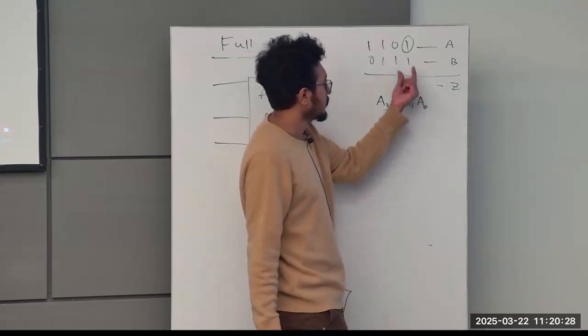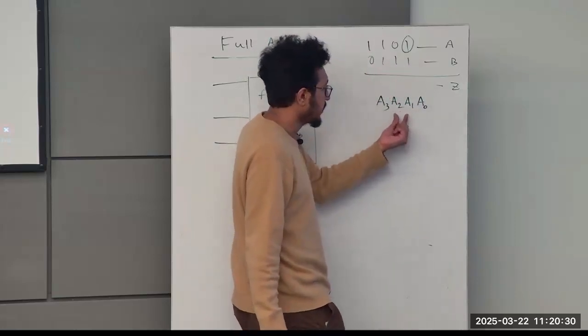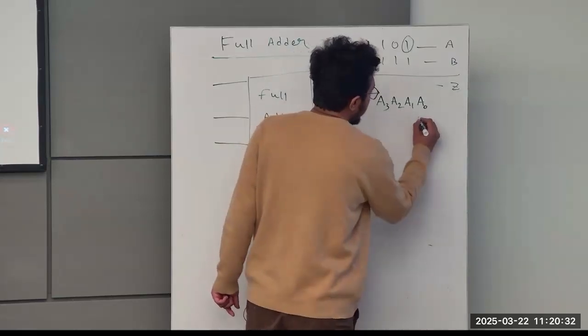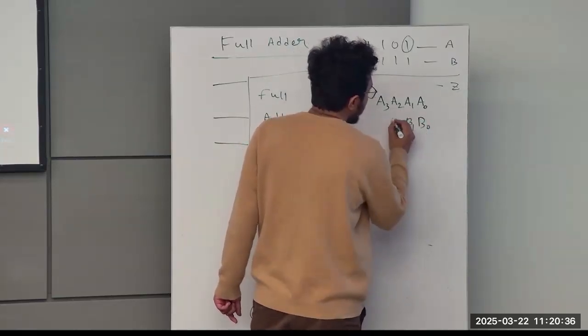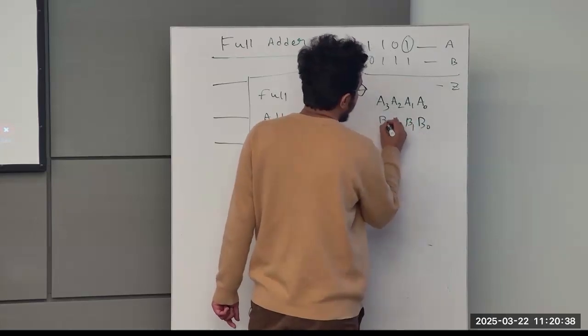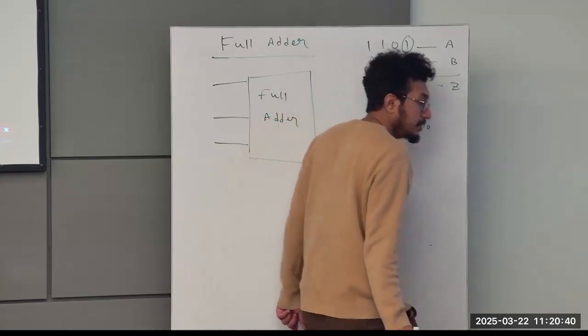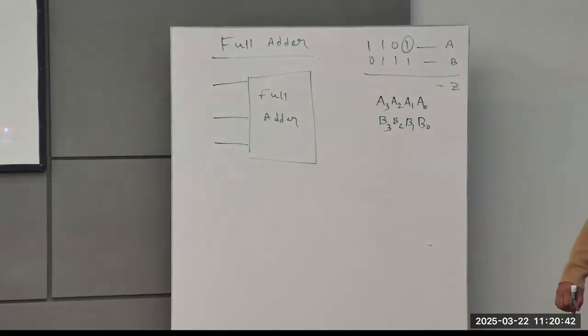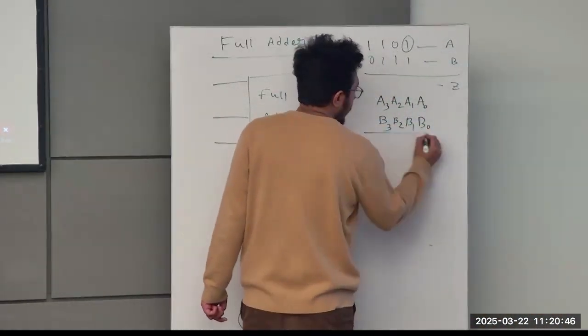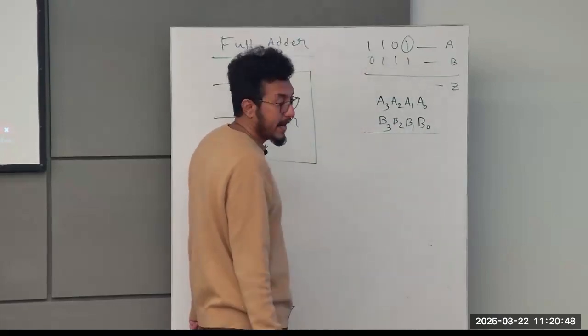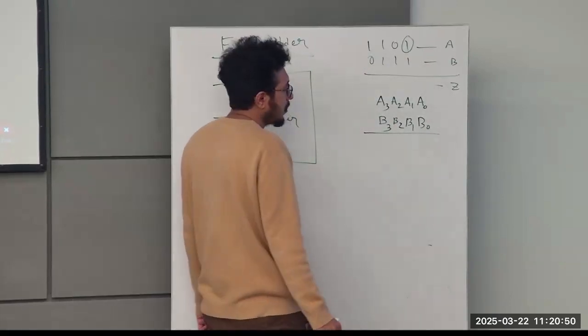Zeroth bit, first bit, second bit, third bit. Then we have another number B, we can call it B0. Then we have a B1, then a B2, then a B3.